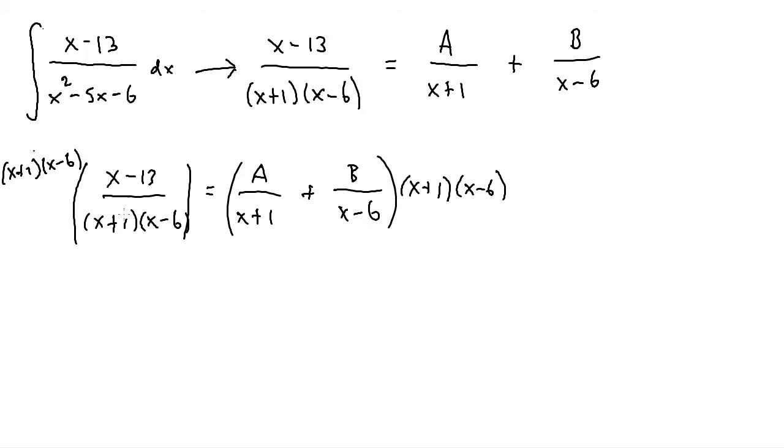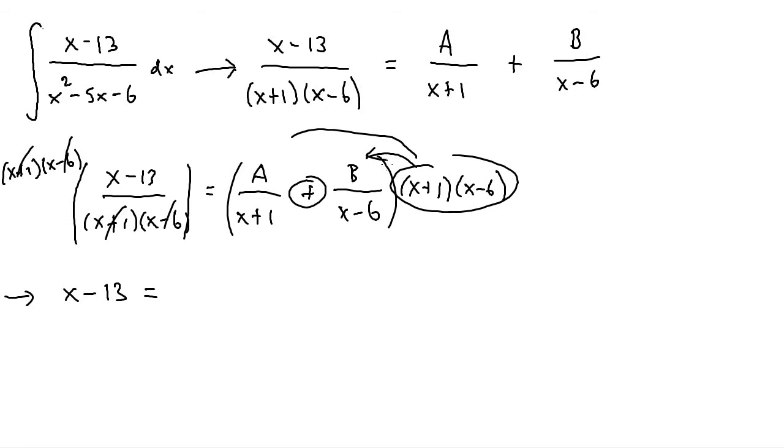The x plus 1's will cancel, and the x minus 6's will cancel. On the left side of the equation, I'll get x minus 13.